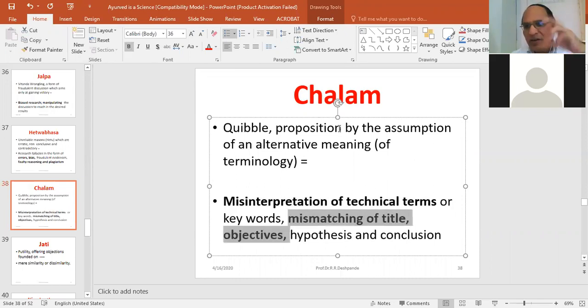For example, I have taken Amrutadi Gugul and rheumatoid arthritis, and instead of taking rheumatoid arthritis, I am taking any arthritis patient and saying that Amrutadi Gugul is useful for osteoarthritis, cervical pain, back pain. So that is mismatching with my title. I have taken all the patients, but my title was whether Amrutadi Gugul is useful only for rheumatoid arthritis. So that is called a Chal. Okay. Next.